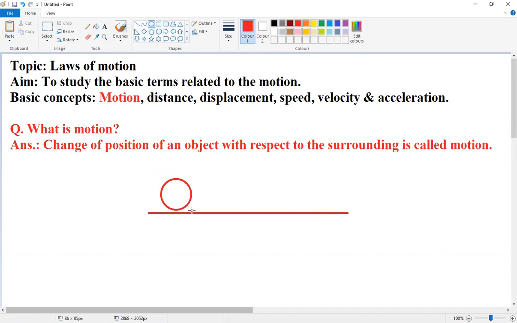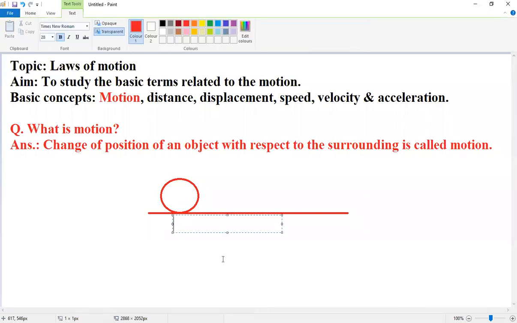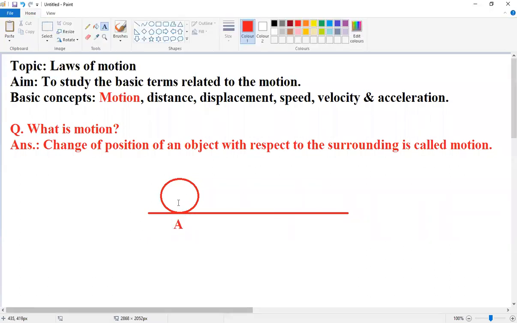Suppose an object is somewhere here initially, at point A. Now after applying a certain amount of force to this object, what will happen? If I apply force on this object in this particular direction, then it will change its position, it will move, it will get displaced.